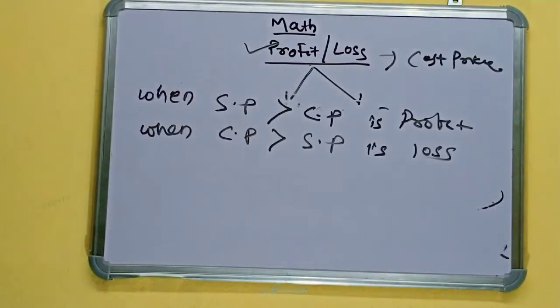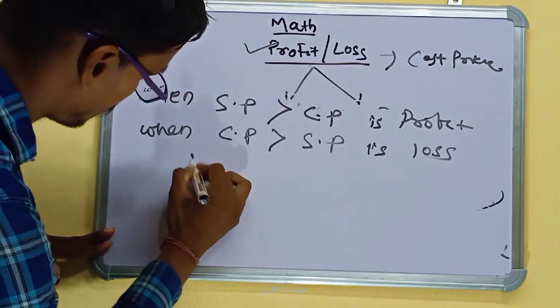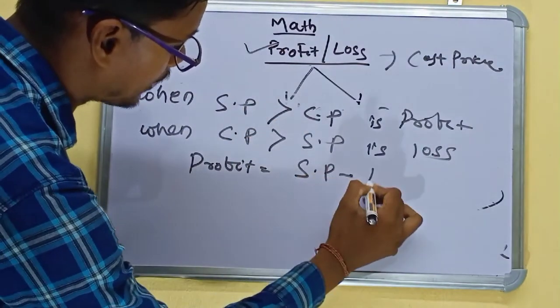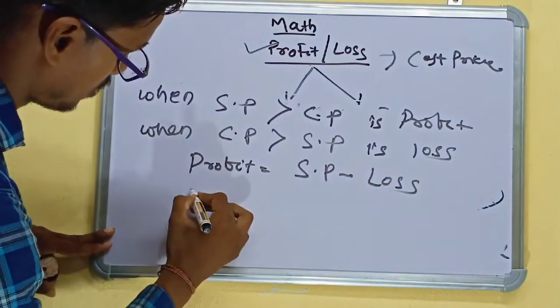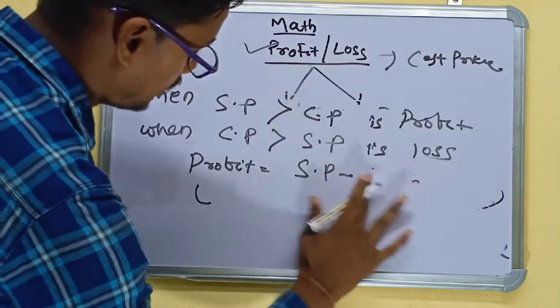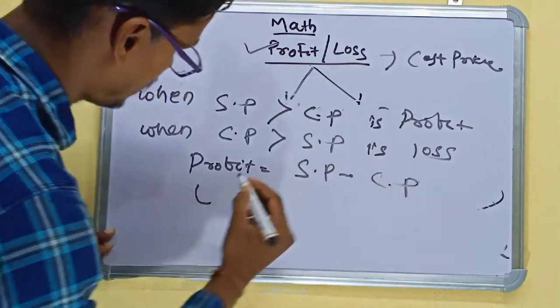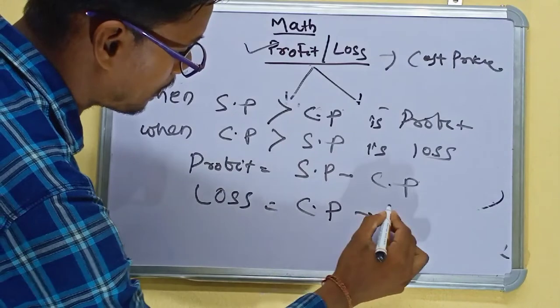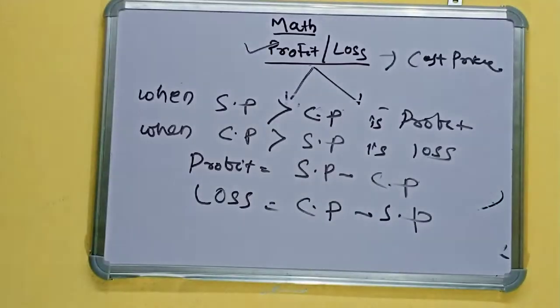Profit is equal to SP minus CP. Loss is equal to CP minus SP. It is the formula to find out the profit or loss.